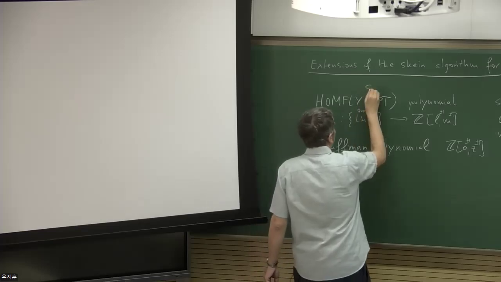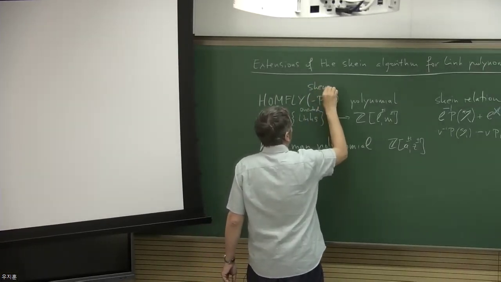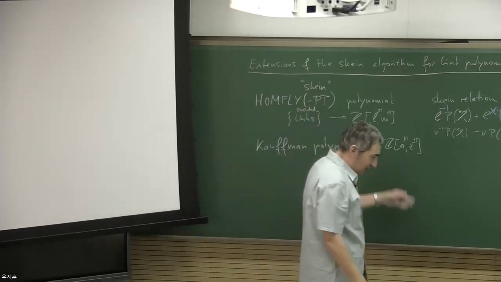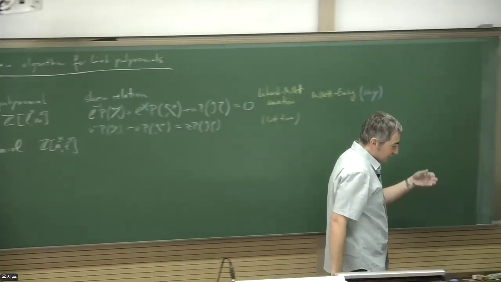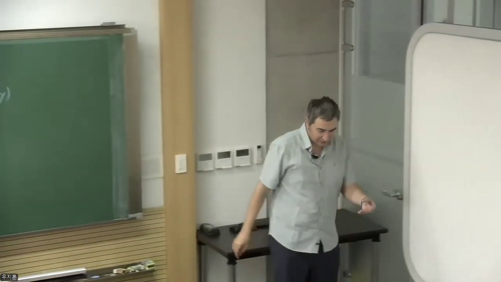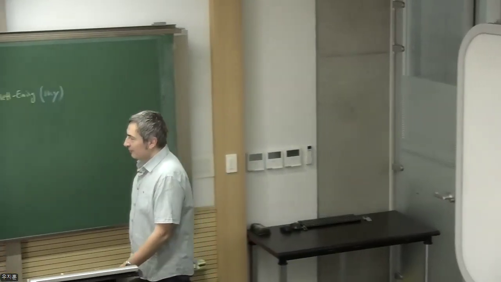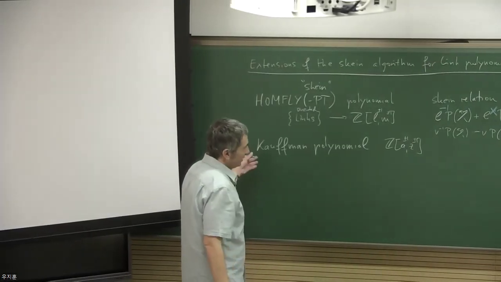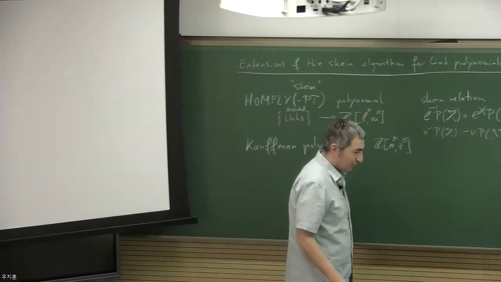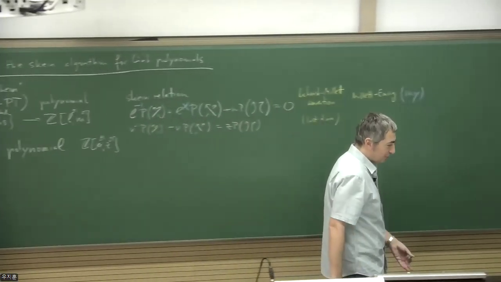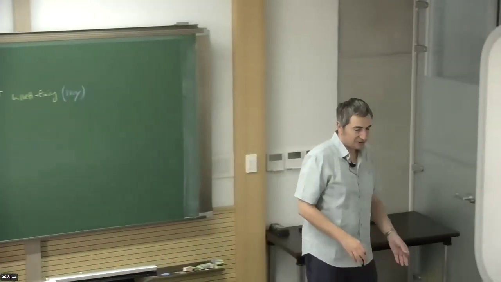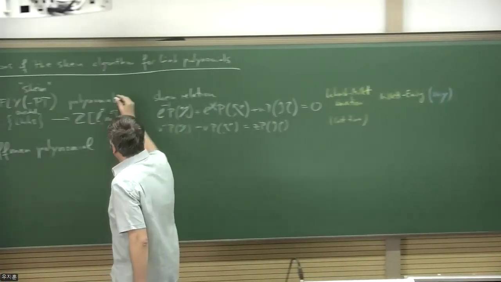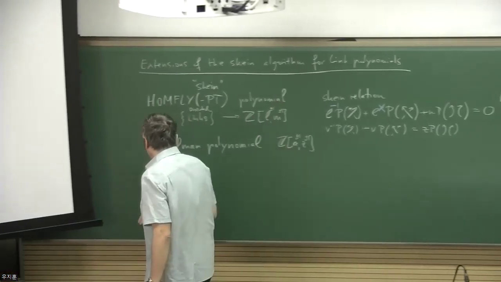Sometimes I also call this the skein polynomial because it satisfies a skein relation. Millett-Ewing had a similar program to the one for the HOMFLY, and I will occasionally mention the Kauffman polynomial, but I will not discuss the technical details too much. They are similar to the one for the HOMFLY polynomial, just a little bit more complicated because there is an extra term and so on. So mostly I will stick to the calculation for the HOMFLY polynomial.